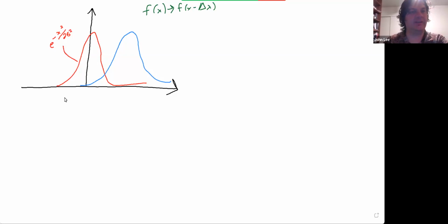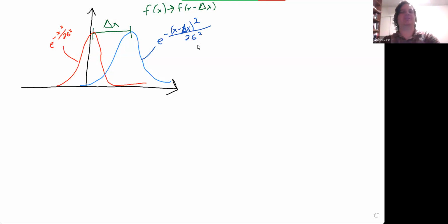But if we shift the entire function some distance delta x, so we shift from here to here, with this being delta x, then it becomes e to the negative x minus delta x squared over 2 sigma squared.